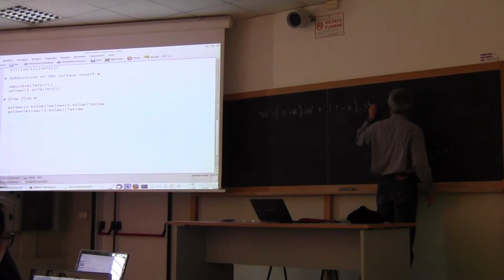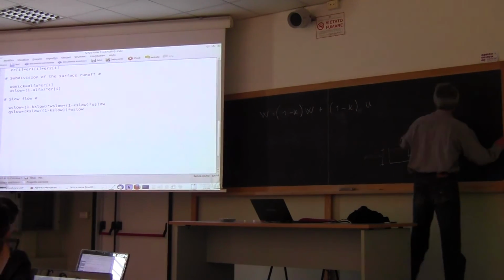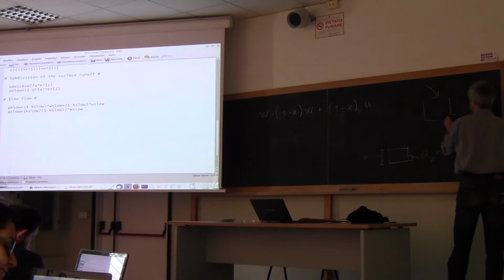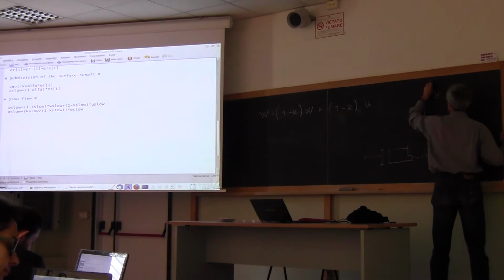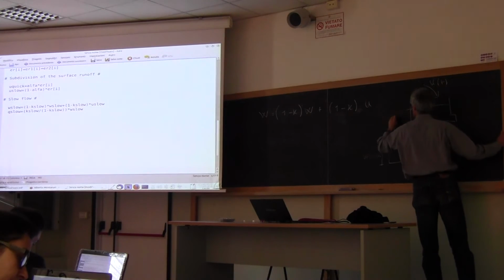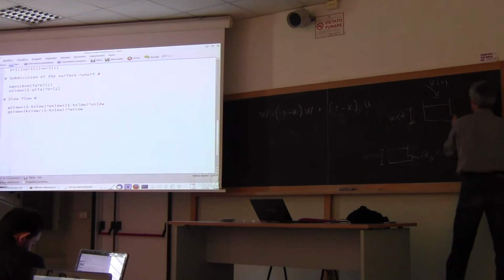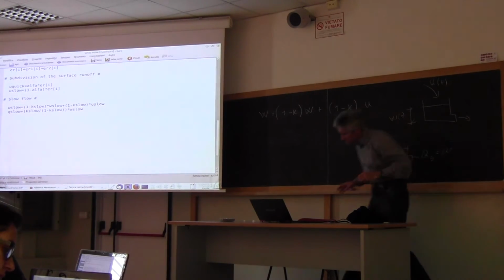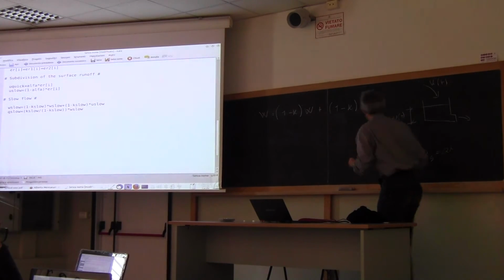So remember that U is what enters into the reservoir. So basically, here I have UT, and I have a water content which is WT, and then I need to compute this result here, which I don't remember how it's called. It's called Q. Perfect.